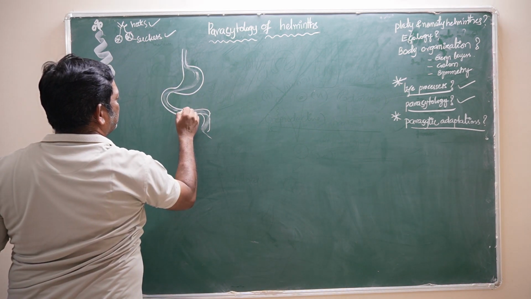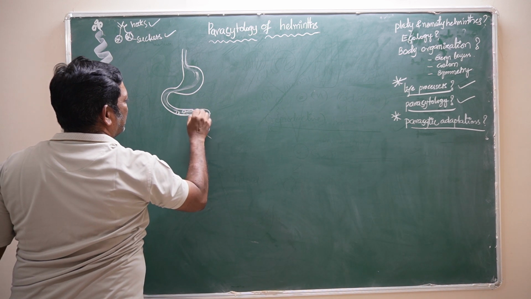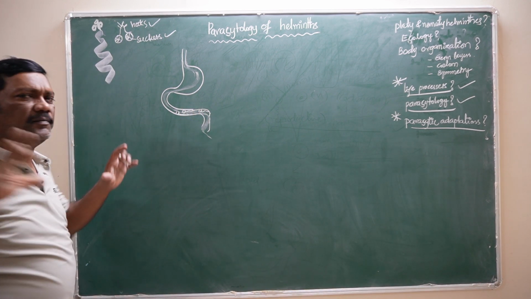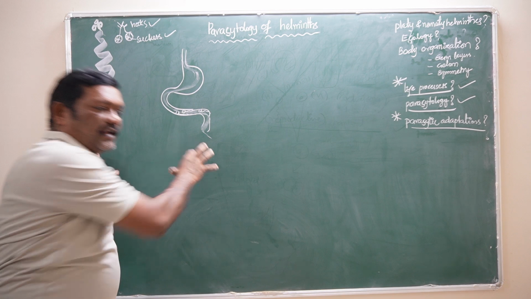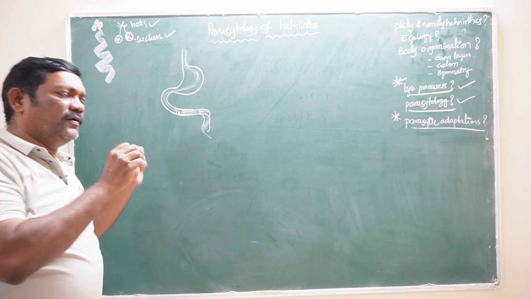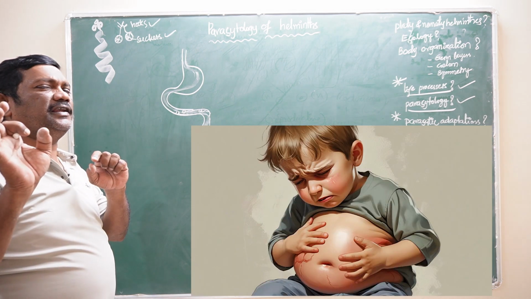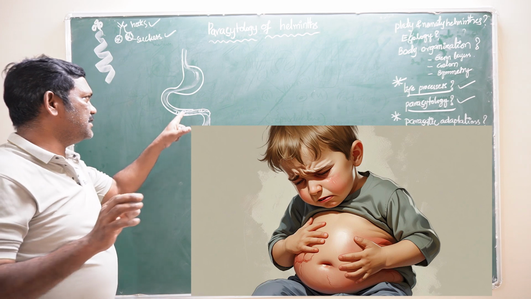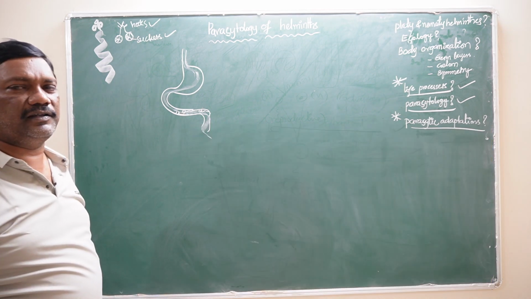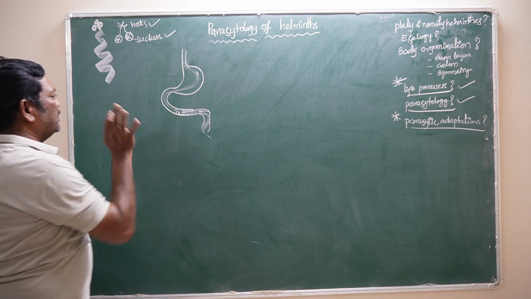With the help of these hooks and suckers, they are attached firmly to the small intestine or large intestine wall. So no food material, water or any other peristaltic movement can move these organisms forward. They cannot move. So these are the special organs.